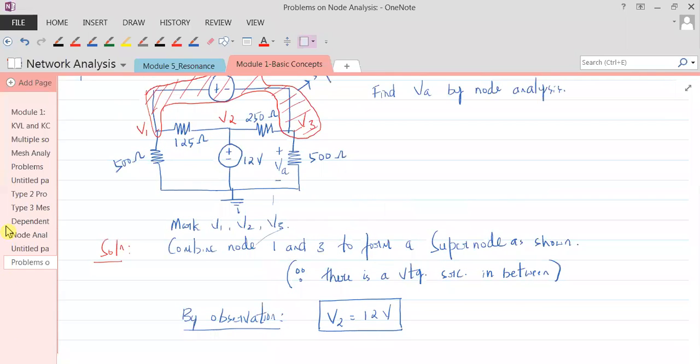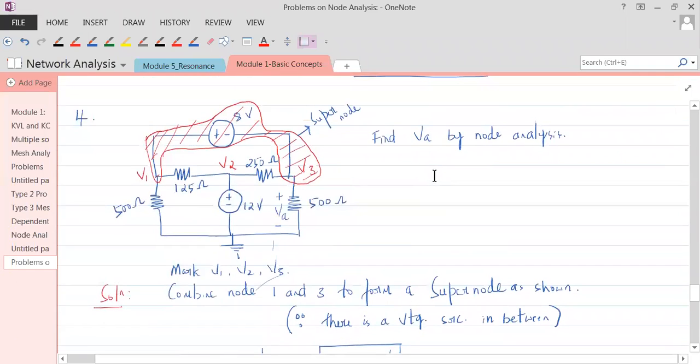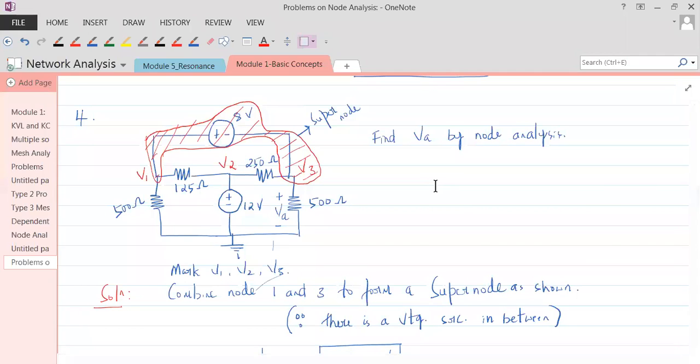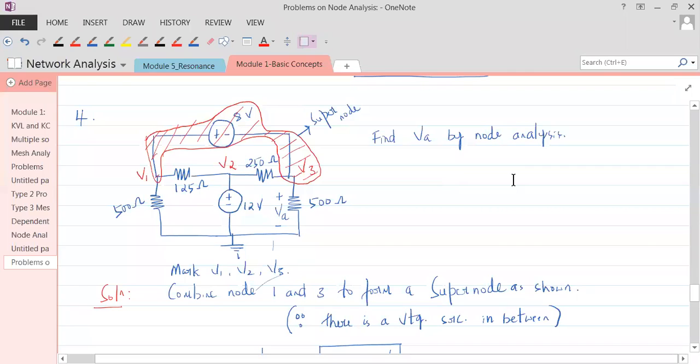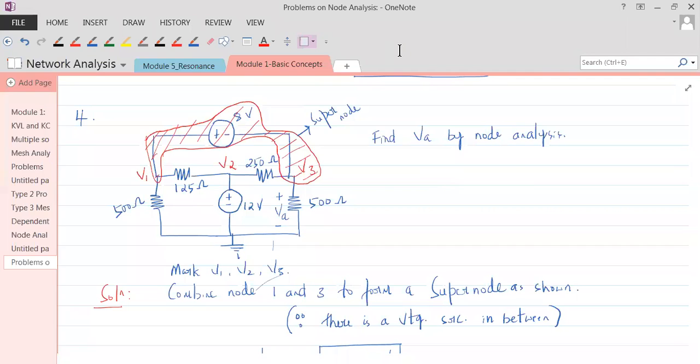VA is V3. So you can write VA is equal to V3, and that is equal to 4 volts.